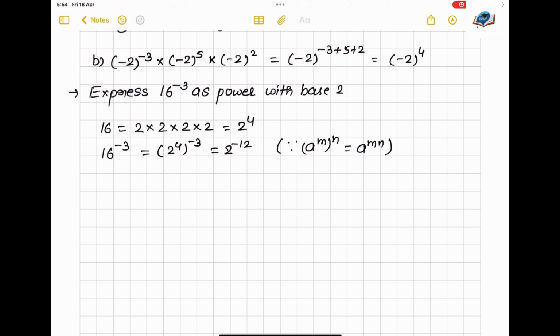Now, let us simplify some of the complex sums which come in this. It is said simplify and write in the exponential form.